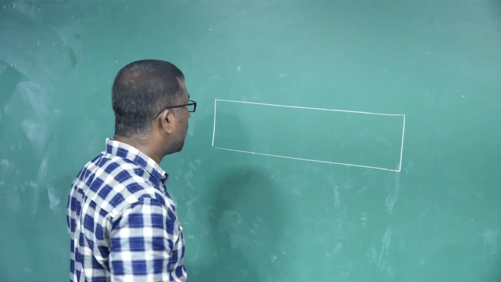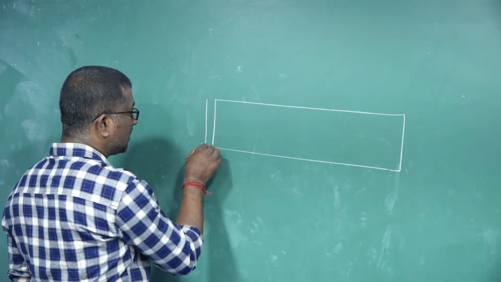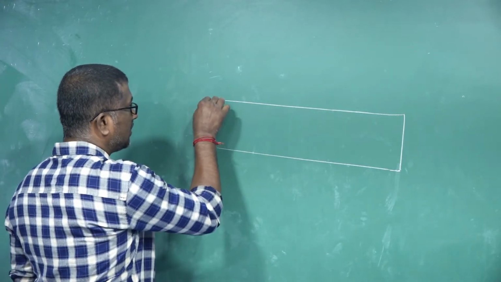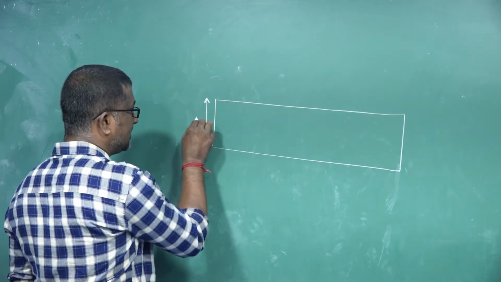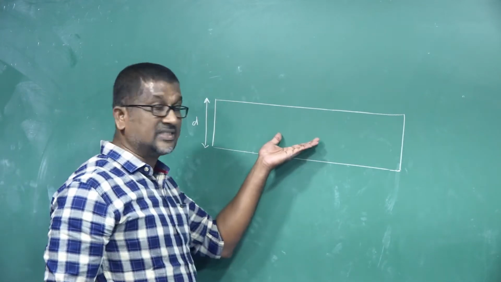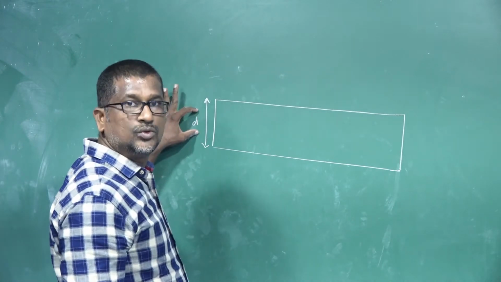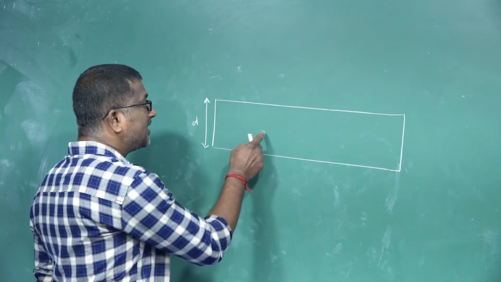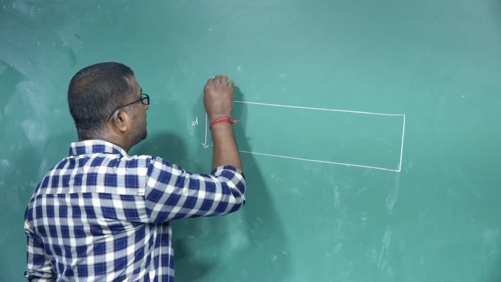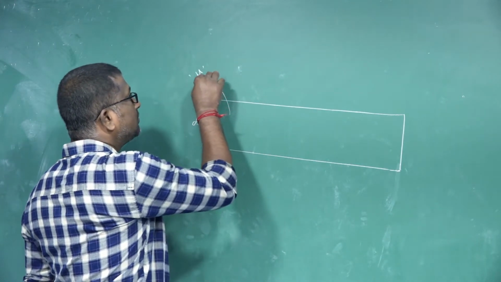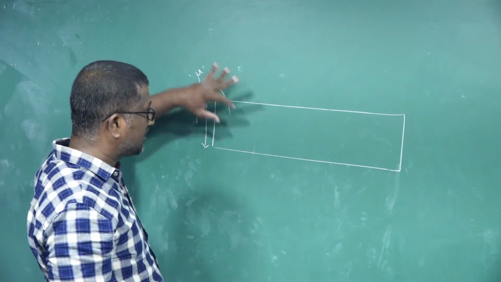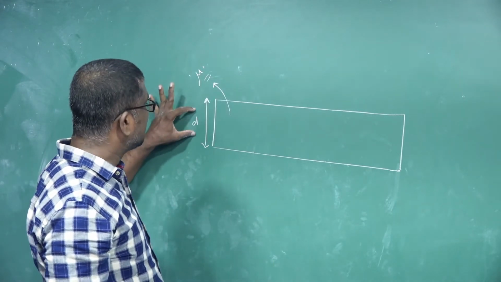Suppose the thickness of the transparent thin film is taken as D, and the refractive index of this thin film is taken as mu.